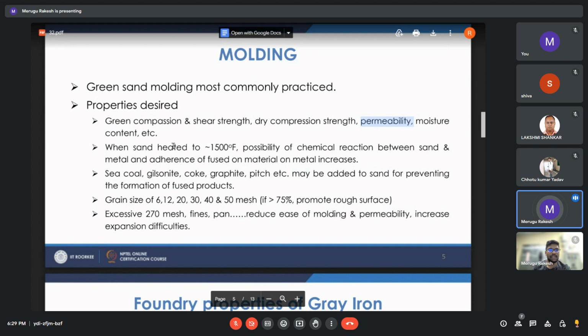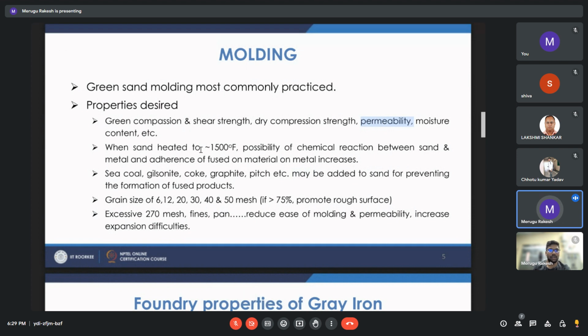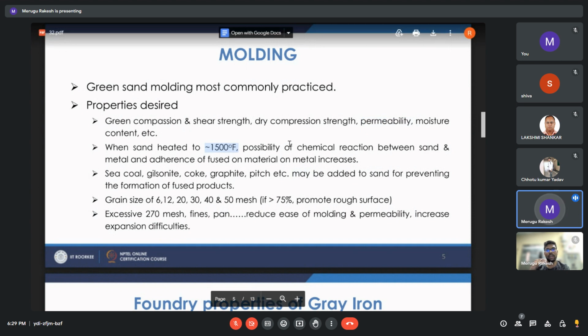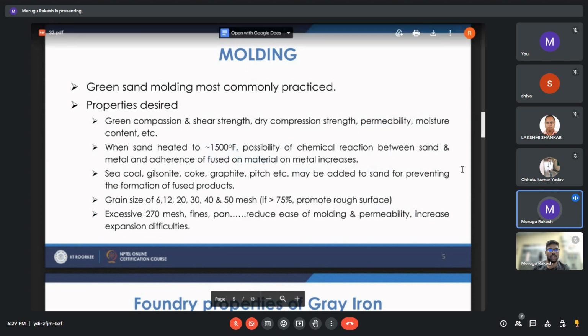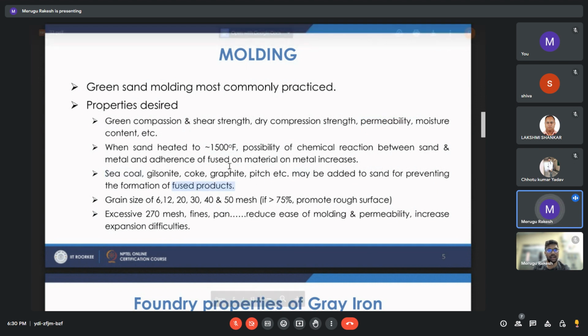Since the mold is heated to 1500 degrees Celsius, there is a possibility of fused material forming on the surface, which we cannot completely avoid but can reduce by adding coal, coke, graphite, pitch, etc. to prevent these fused products. Or else we need to add another step to clean the cast before proceeding further.